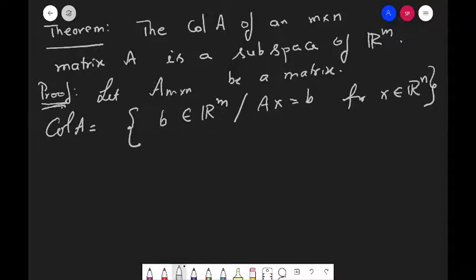Then obviously this will be a subset of Rm because it has all the vectors b. So we have column A is a subset of Rm because it has all the vectors b which are there from Rm. Now we have to even prove that this is a subspace.